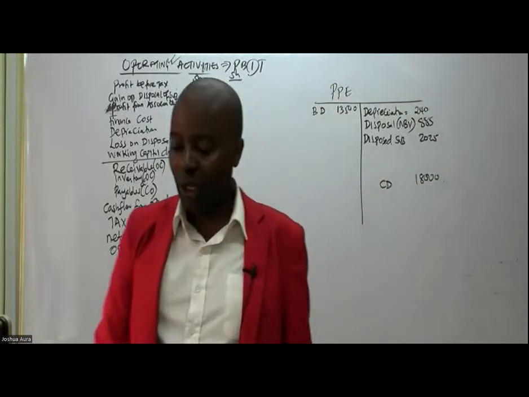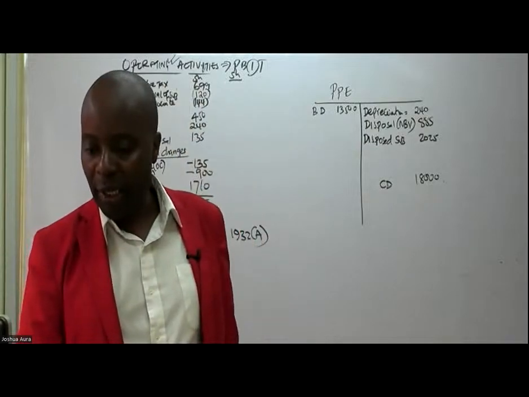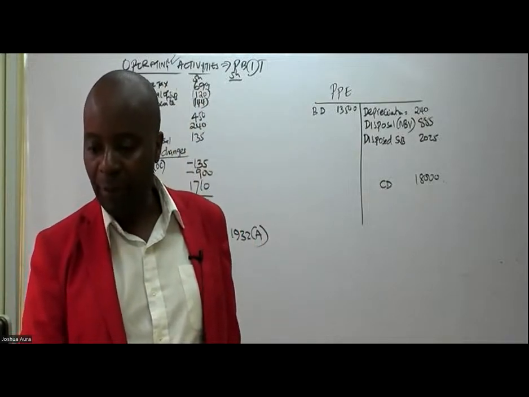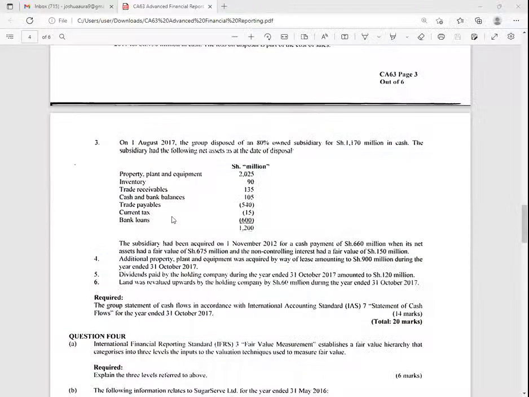Now from there, ladies and gentlemen, we scan through this together again. We are told in note number 4, additional property, plant, and equipment was acquired by way of lease. So we brought in assets, but through leasing. Of course, leases nowadays are all being classified as finance leases. These are your assets.